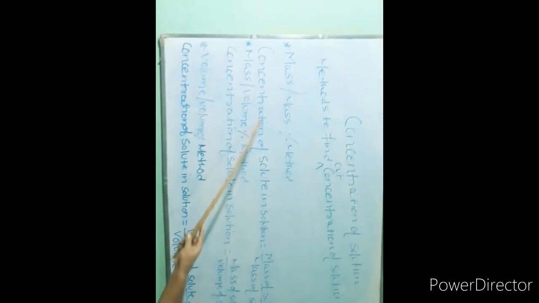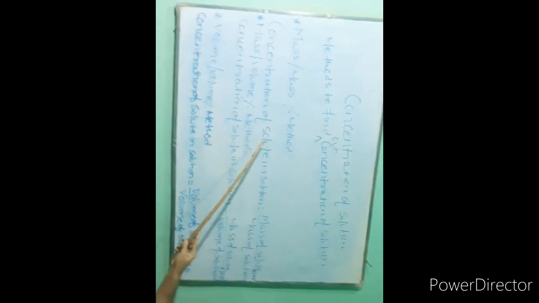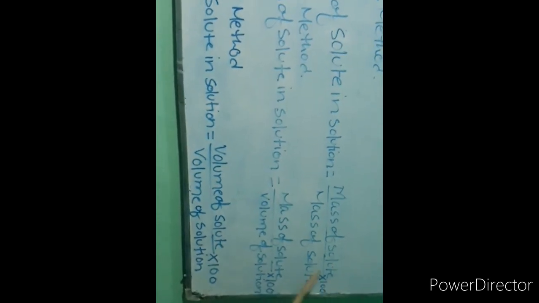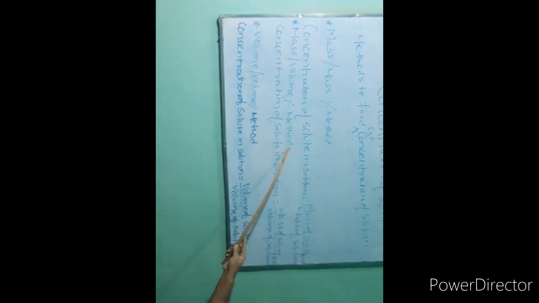Concentration of solute in a solution equals mass of solute by mass of solution into 100. The next method, mass by volume percentage method.